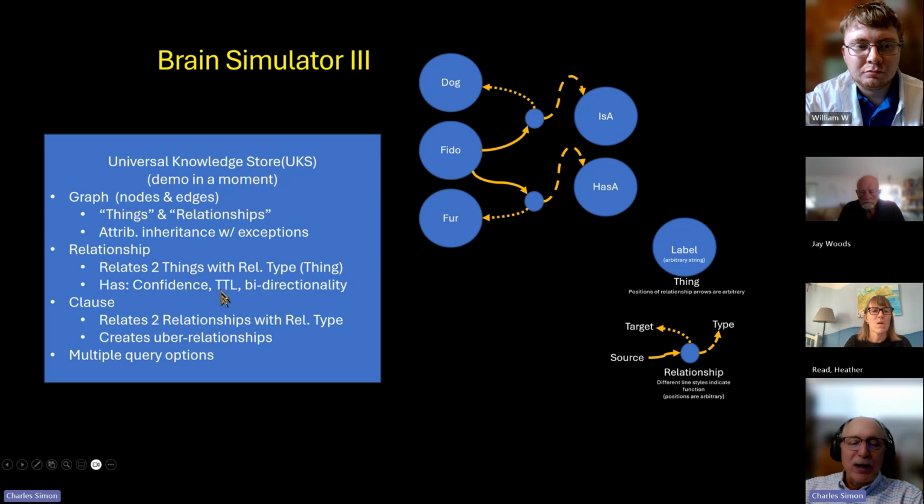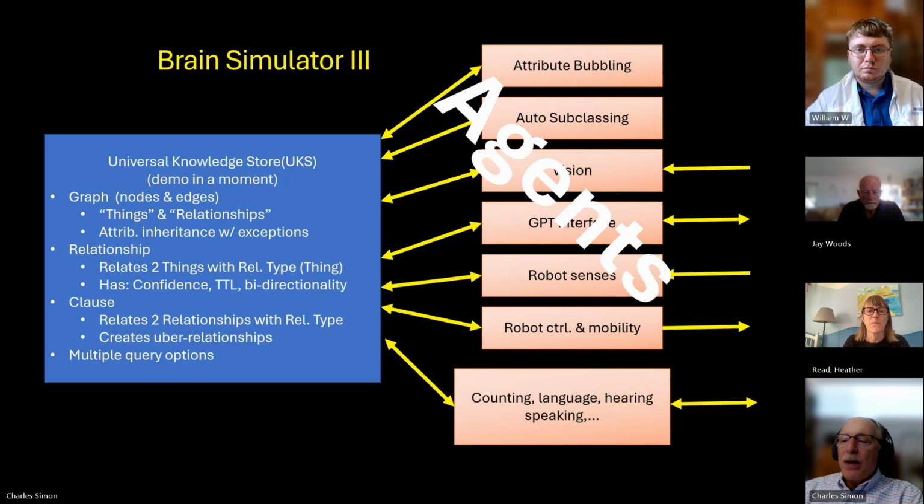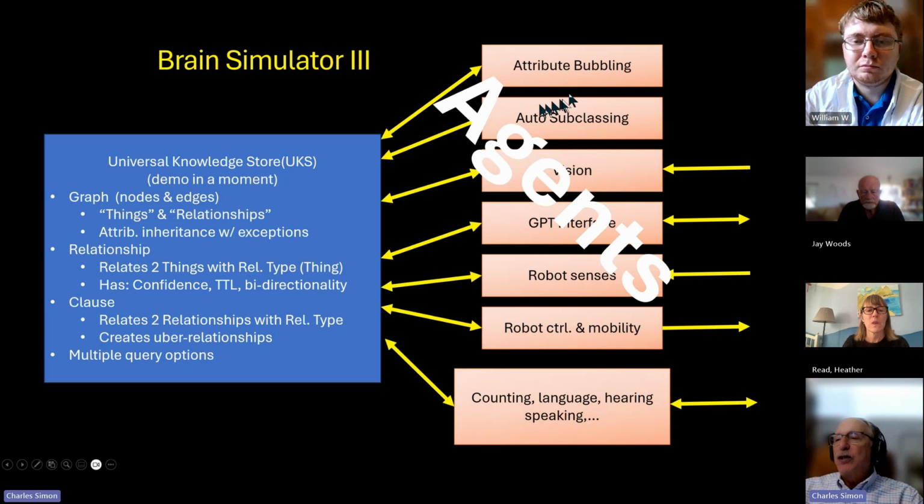We're not going to be talking about clauses today. They're a feature that allows you to relate multiple relationships together, and I'll show you some of the query options. Some of the relationship agents that we'll be talking about, and this will all make a lot more sense in about 2 minutes, are attribute bubbling and automatic subclassing.